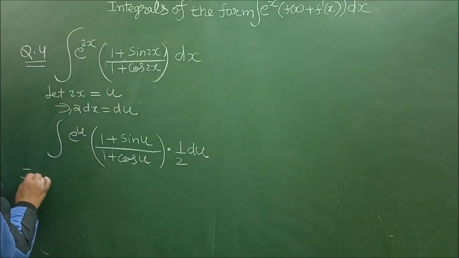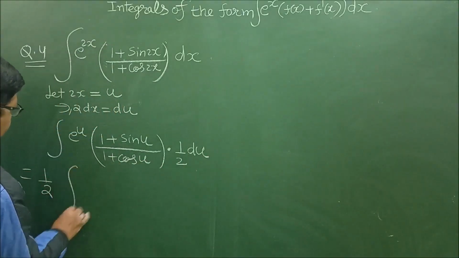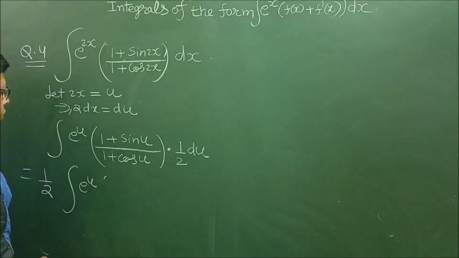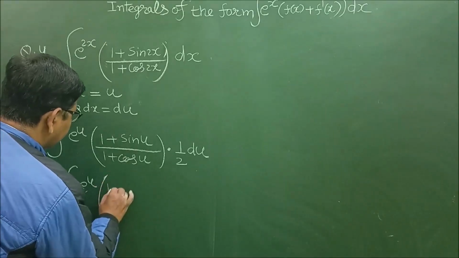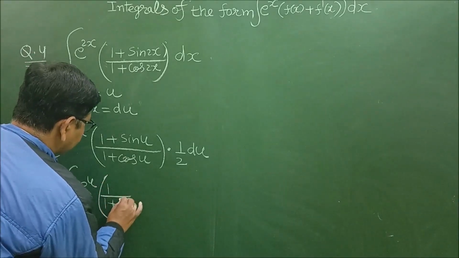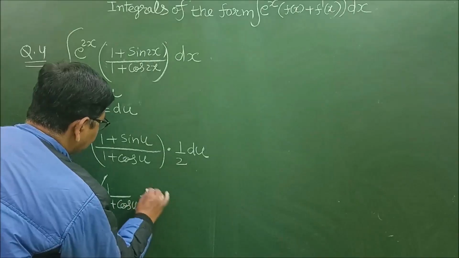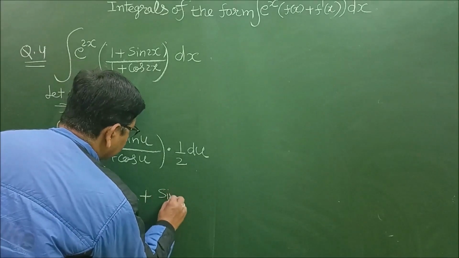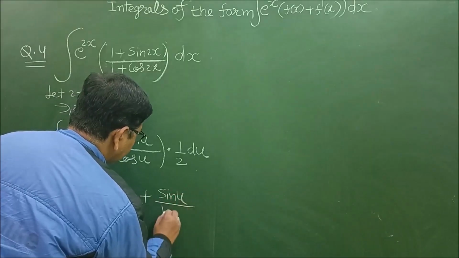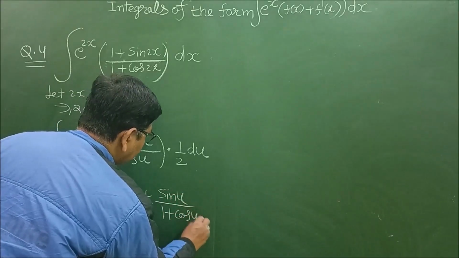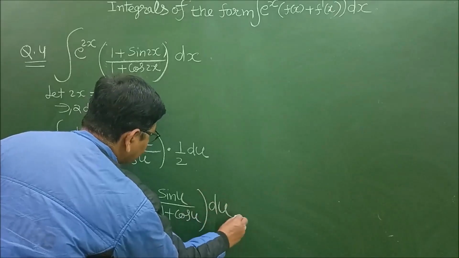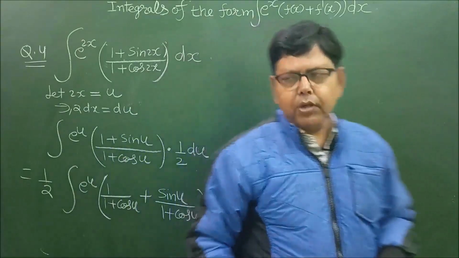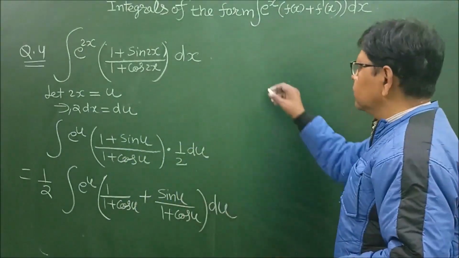Taking this half out of the integral, e raised to the power u into (1 plus sin u) upon, separating it, 1 upon (1 plus cos u) plus sin u upon (1 plus cos u), du.